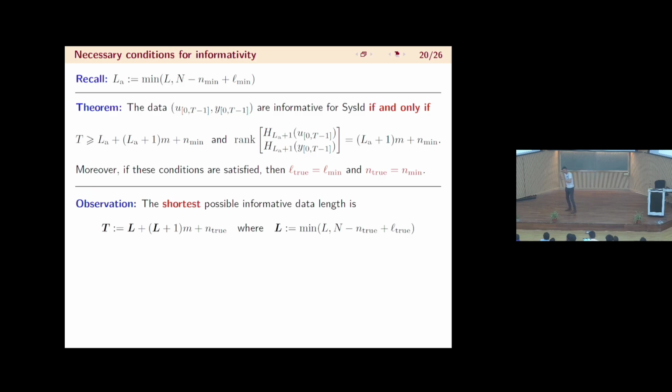So if the data are informative for system identification, I can substitute L_min equal to L_true here, N_min equal to N_true here, and I can define this boldface L, which is the minimum of L and N_true minus N_true plus L_true.